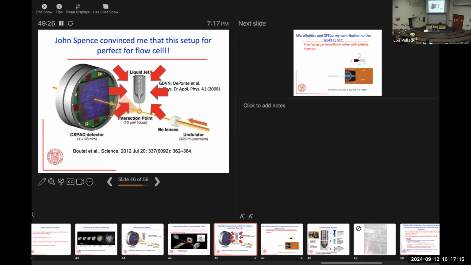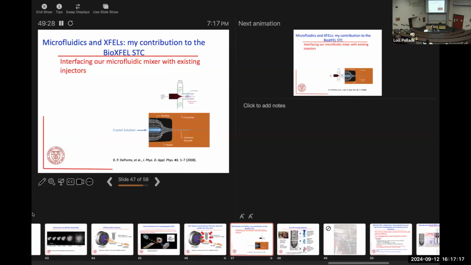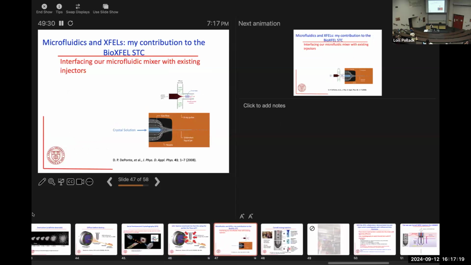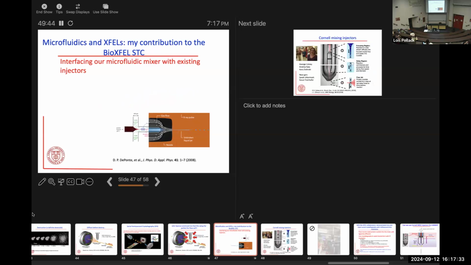And that was really the start of my contribution to the BioXFEL STC, which was largely headquartered out of ASU. And so all we had to do was figure out how to interface our mixers here with this existing gas dynamic virtual nozzle. And that's pretty much what we did.